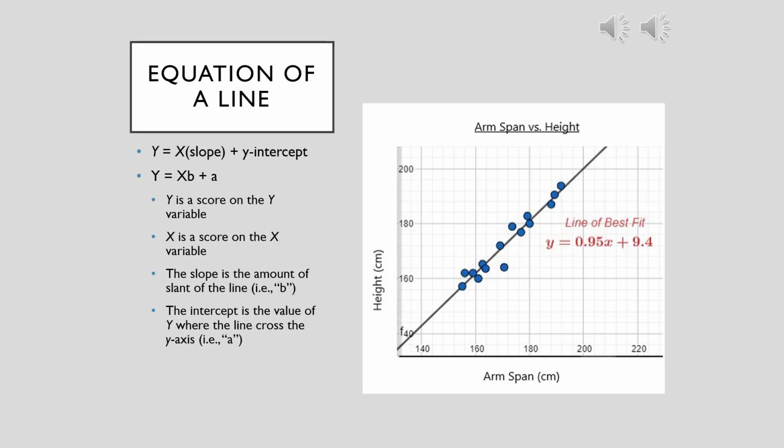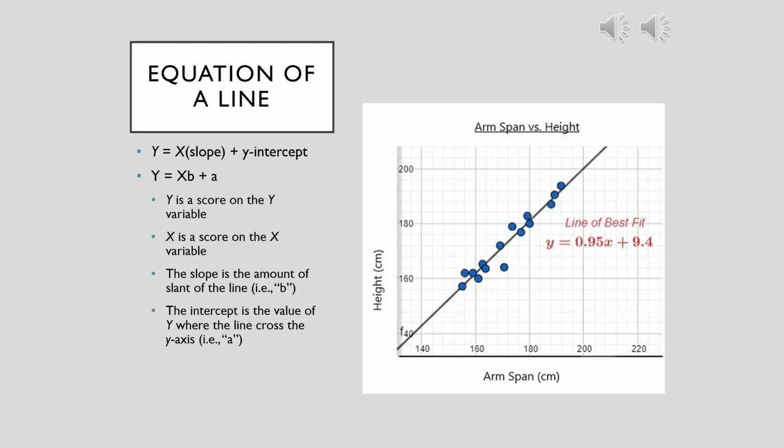So you can see on this graph, there's a few points scattered throughout. This looks like a pretty strong positive correlation. And then if you fit a line that goes as close as possible and touches as many possible of those points or observations as you can, you end up with this line of best fit, which is y equals 0.95, that's the slope, 0.95x plus 9.4.